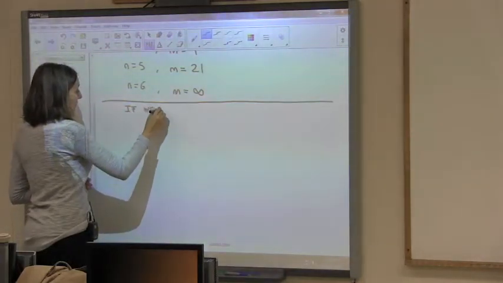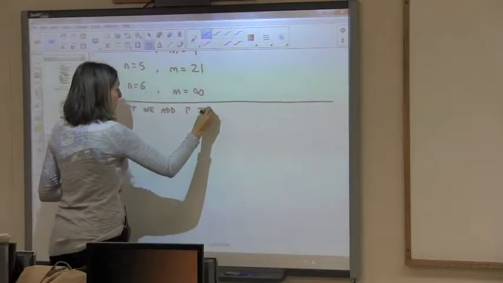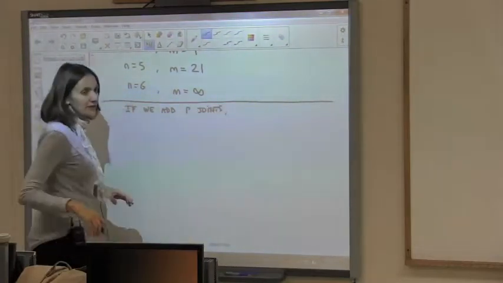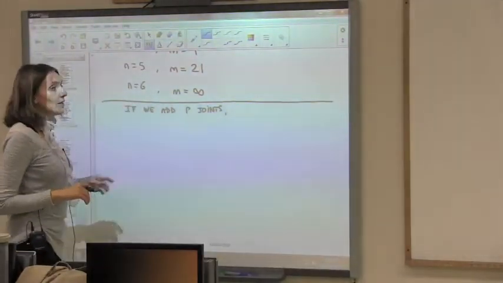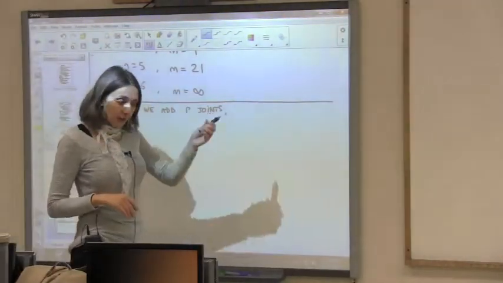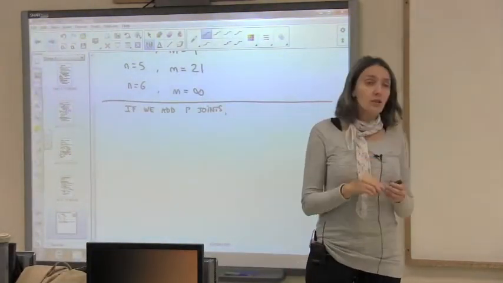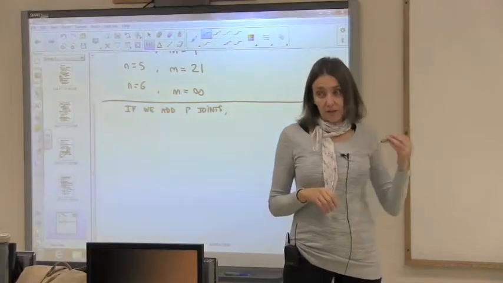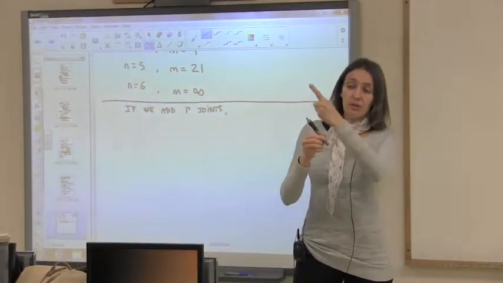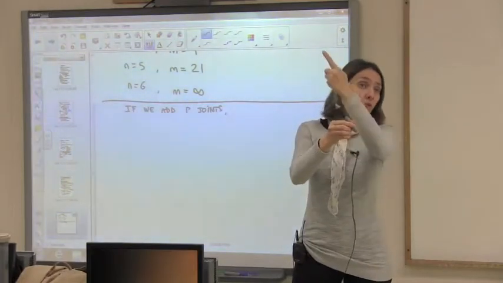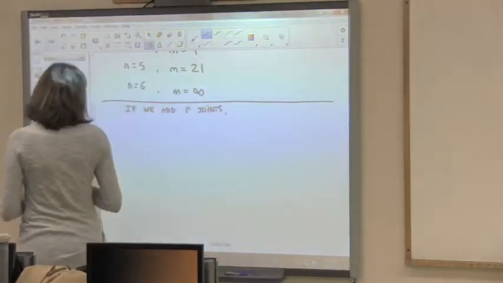If we add P joints, prismatic joints have a particularity, and that is ugly, but we have to take it into account. When you have a translation, it turns out that it doesn't matter where your direction of translation is located. You will perform the same exact motion. So if you have your translation vector here, you will move in this direction. If you have it here, you will move in the same direction. So for translations, only the direction matters.